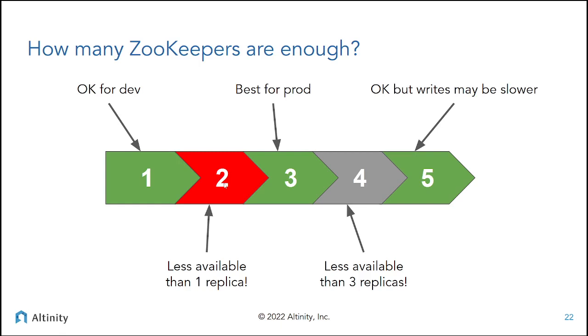But you have 2 servers and no surplus, so if each has a certain chance of failure, it's more likely that one of them will fail, because the chances multiply. As a result, you get lower availability than you do with 1. Same thing applies with 4. To make a long story short, 3 is the best number, and that's the one that we almost always recommend.